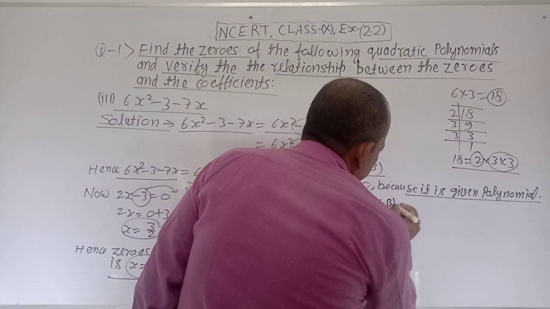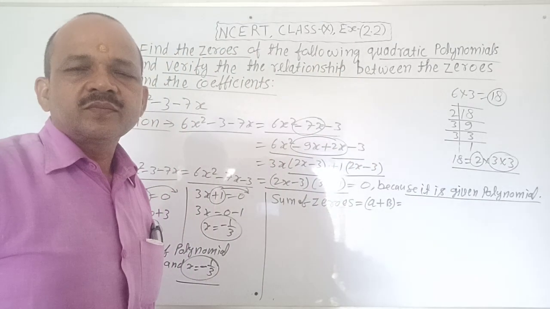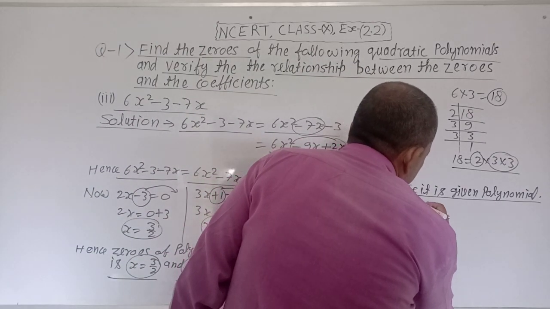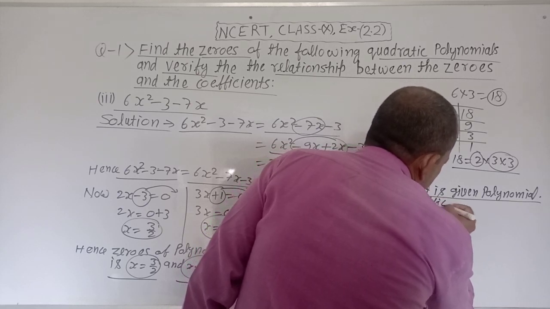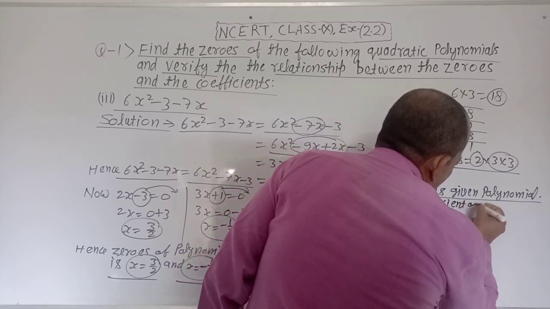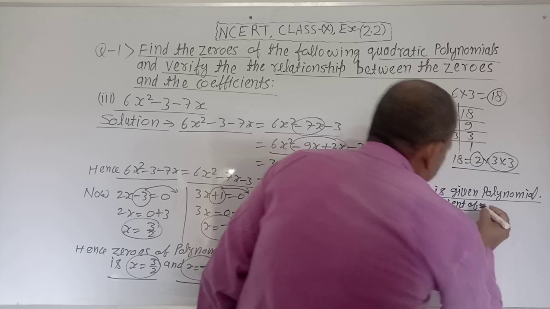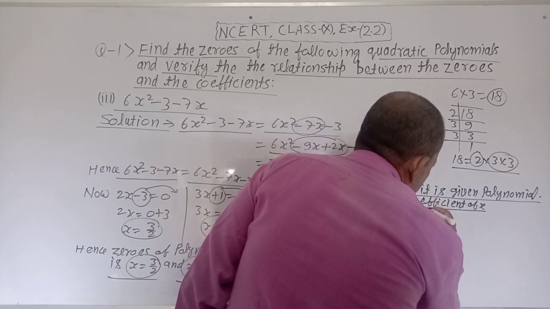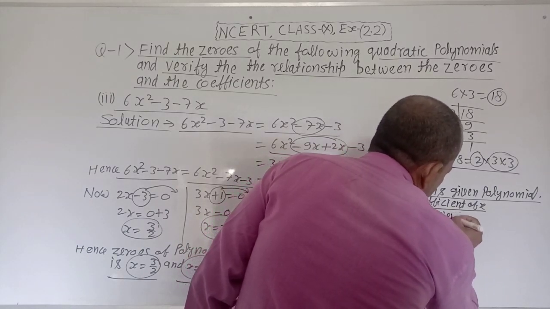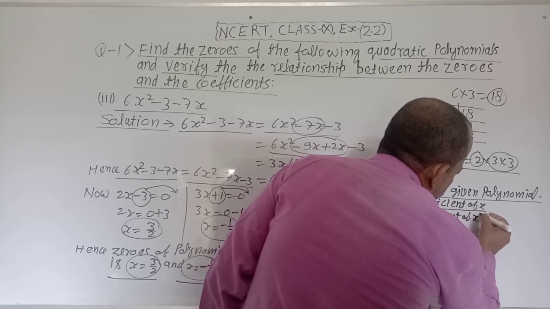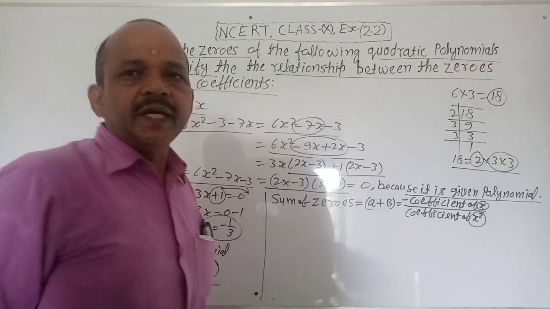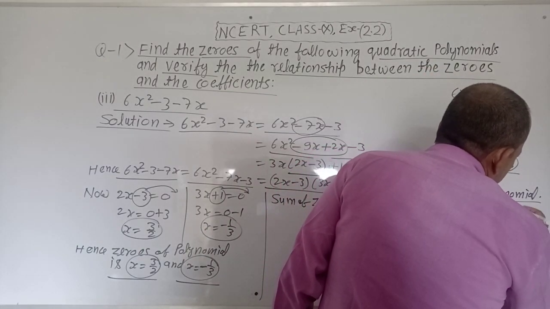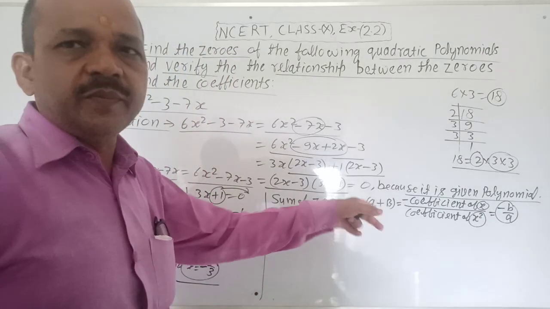Alpha plus beta equal to minus coefficient of x upon coefficient of x square, equal to minus b by a.